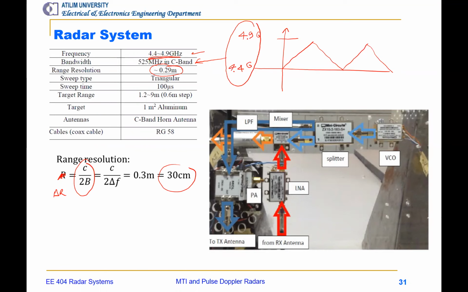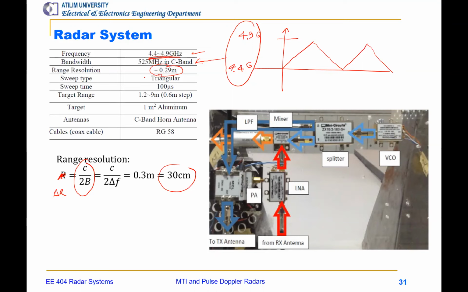If you put two people, for example, and the spacing between them is only 30 centimeters, then you will see two peaks there. I mean, the bit frequency will be showing two targets there. If it is less than 30 centimeters, you will see a single bit. That's theoretically what you could see when there are two persons in the laboratory.